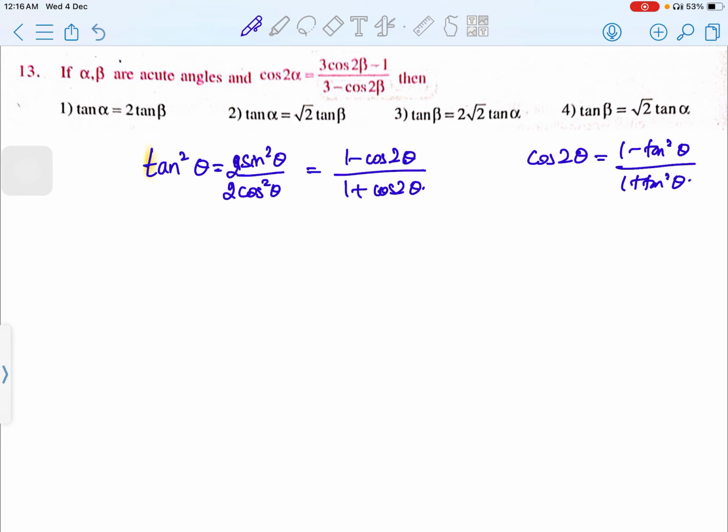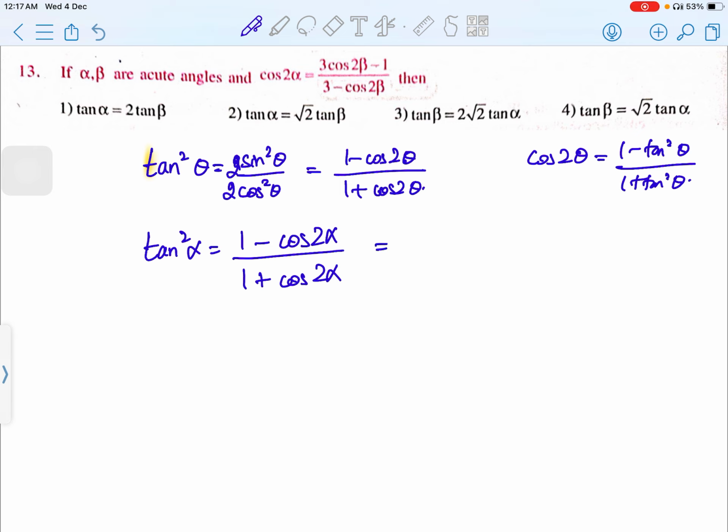So the left hand side I have in terms of alpha. So let me get tan square alpha, 1 minus cos 2 alpha by 1 plus cos 2 alpha. So we will substitute the value.